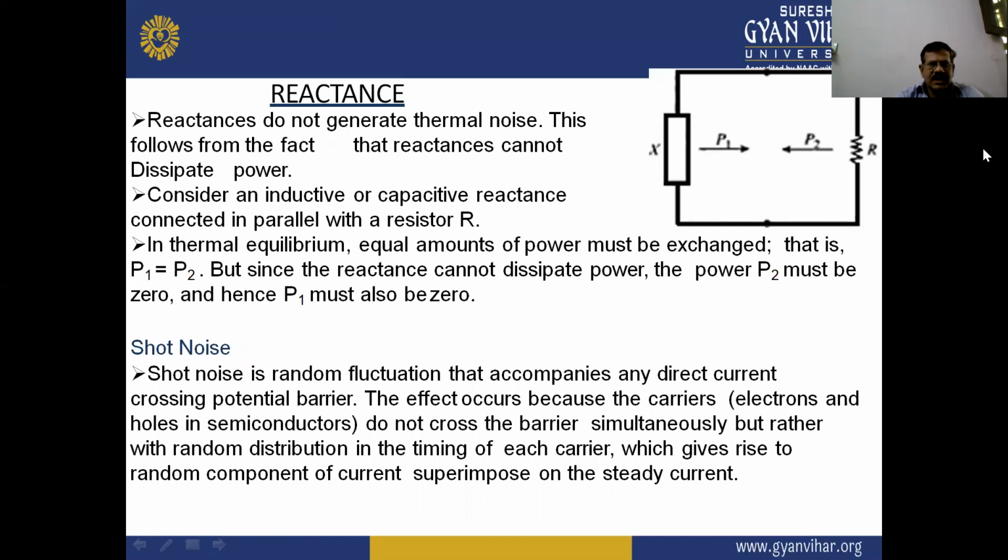So consider an inductive or capacitive reactance connected in parallel with a resistor R. In thermal equilibrium, an equal amount of power must be exchanged, that is P1 equals P2.